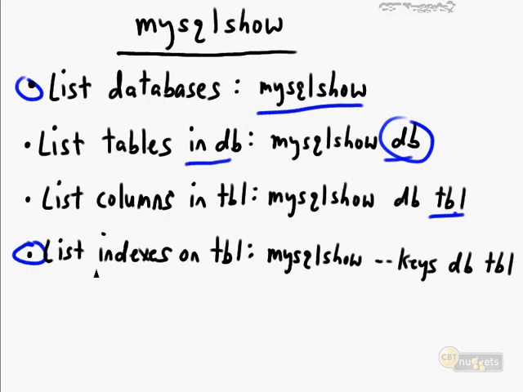And then finally, to list indexes that may be defined for a particular table, we can run MySQL show with the keys parameter along with the target database and table, and that'll tell us the indexes, or if you prefer, indices that have been defined there.